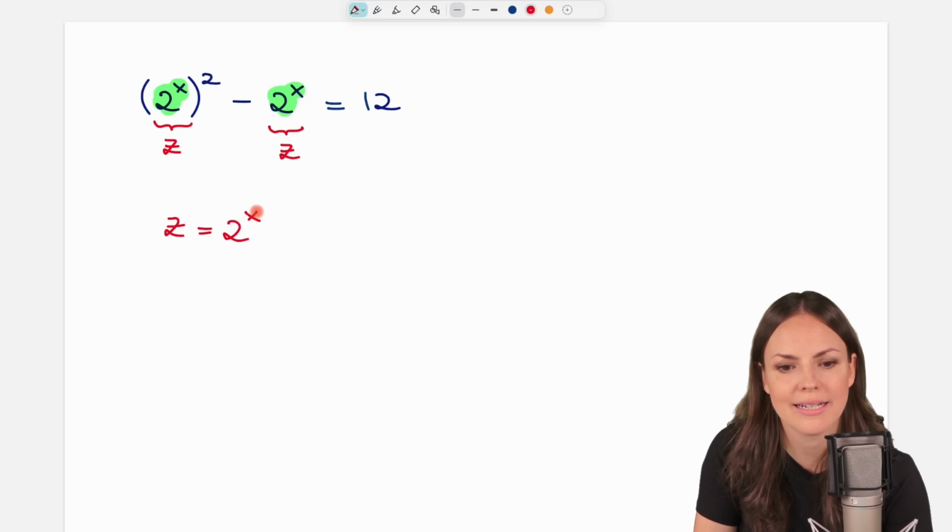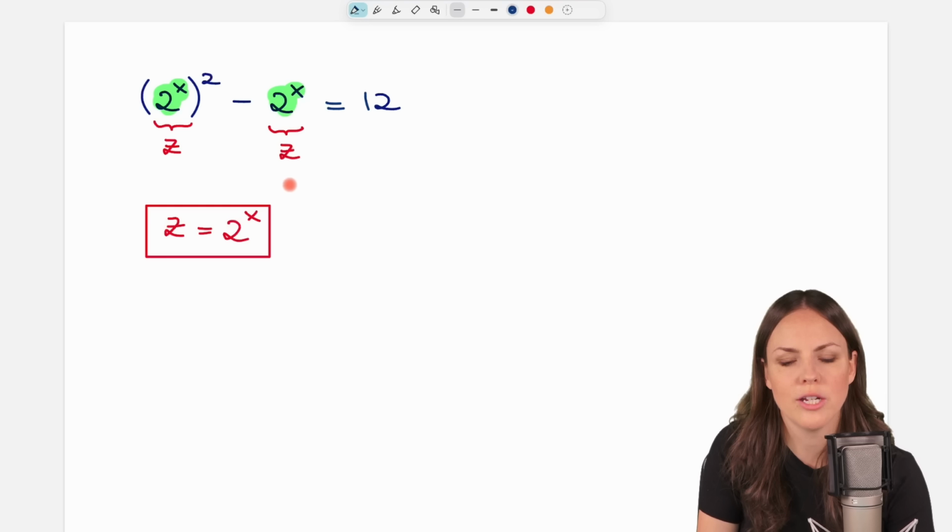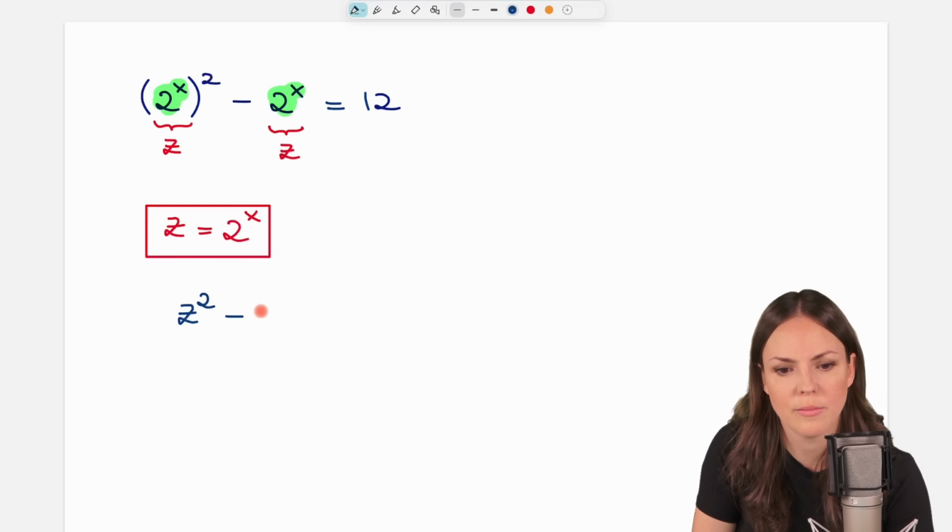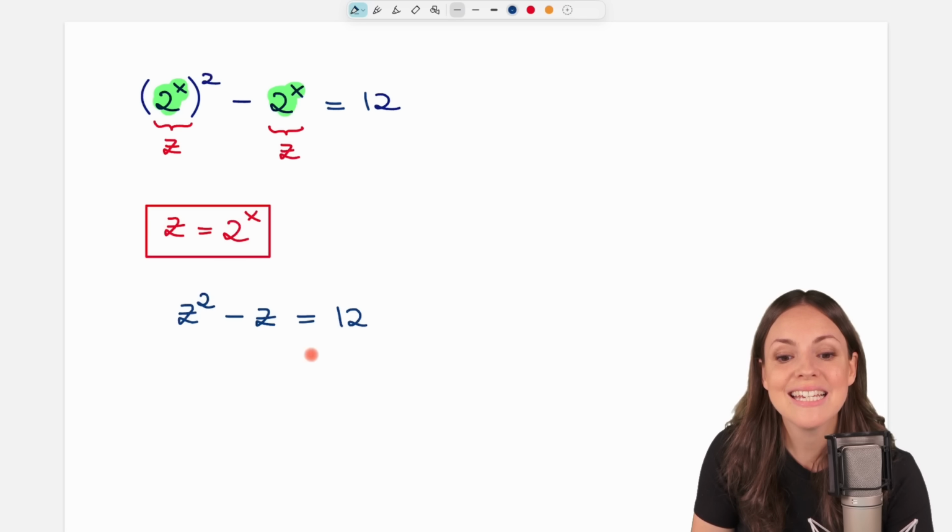Okay, so how does our equation look then? Instead of this green thing, we're going to write a z. So we have z to the power of 2 here, minus z, and on the other side, we have the 12. This is a way easier equation than this one here.